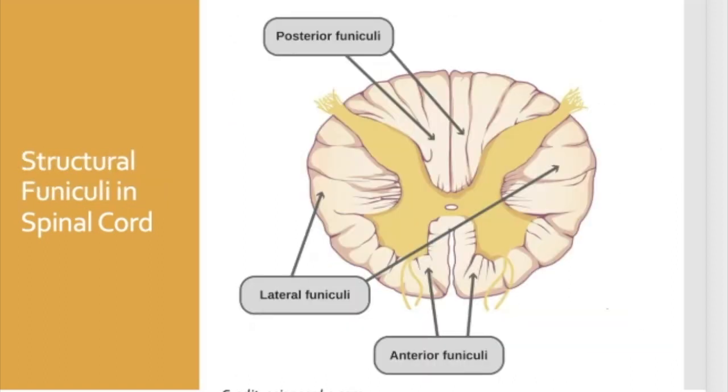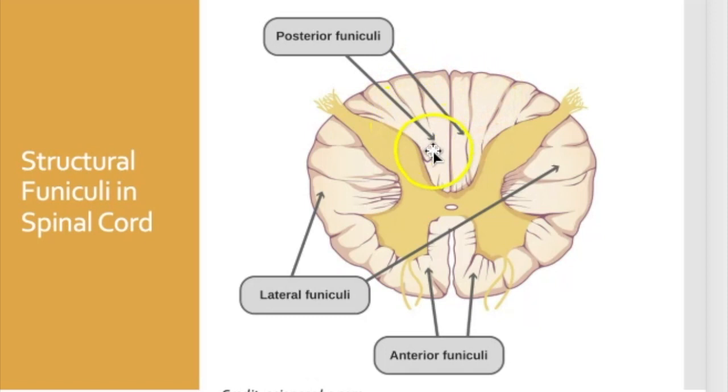So when you look at the spinal cord in cross section, you should be able to orient yourself based upon how these structures lie. We can see the gray matter in the center, and remember that's organized into a dorsal horn on the left and a dorsal horn on the right, a ventral horn on the left and a ventral horn on the right. Here's that commissure that connects them. Here's the central canal.